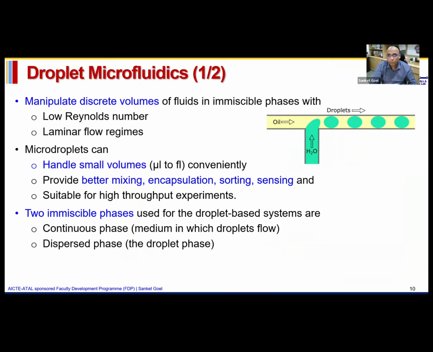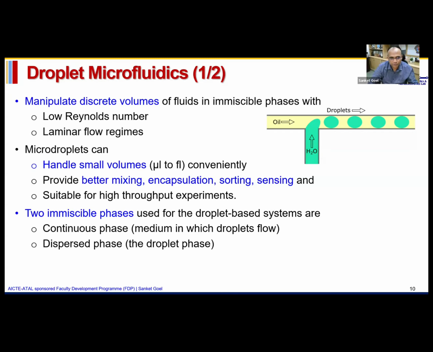So we can manipulate those droplets. We can toss some specific analyte or biochemical or bioanalyte into these droplets, and we can understand their viability, their movement, their functionality, their diagnostics. So we can do mixing, we can do encapsulation, we can sort them, and we can sense them. All those things can happen in droplet-based microfluidics.